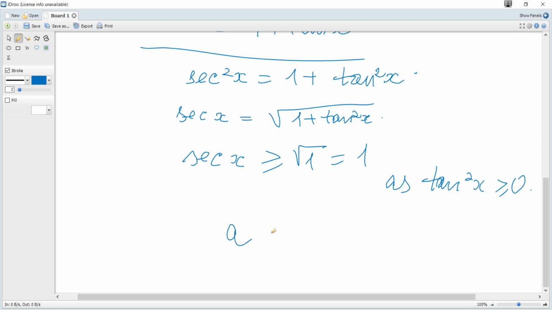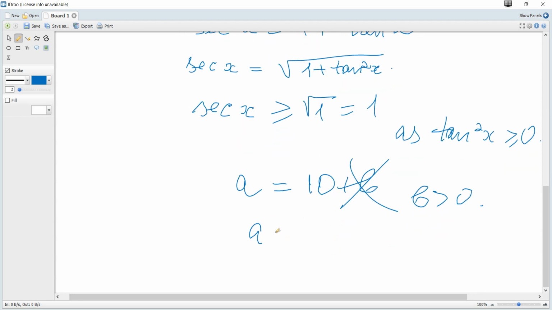It's like when a is 10 plus b, where b is positive. If we delete b, a becomes greater than 10, or greater or equal than 10 if b is greater or equal than 0.